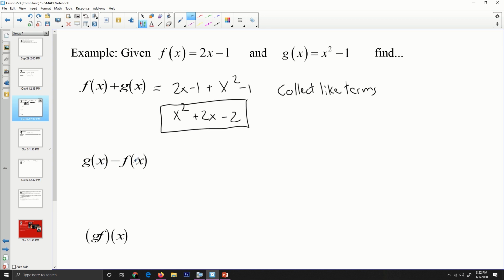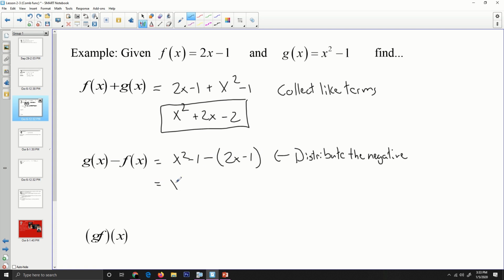And then g minus f of x means that I'm going to take g of x, which is x squared minus 1, and then I'm going to subtract away the whole value that is f of x, so 2x minus 1 there in parentheses, and then I need to distribute the negative. Because I'm subtracting away this whole thing, I need to distribute the negative to both terms.